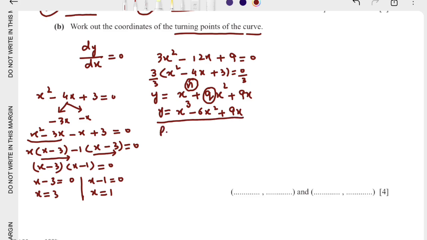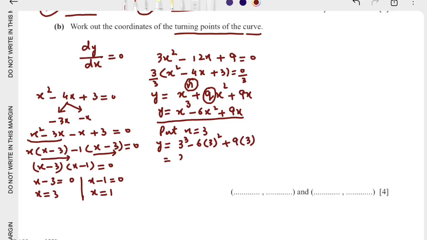So put x is equal to 3. So it will be y is equal to 3 cubed minus 6 times the square of 3 plus 9 into 3.